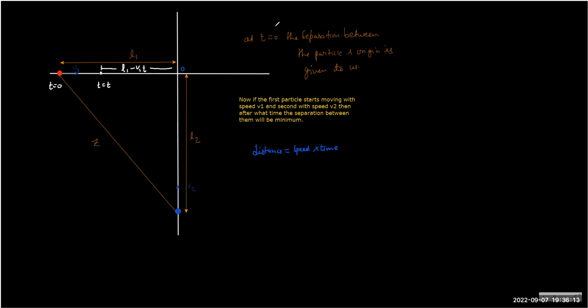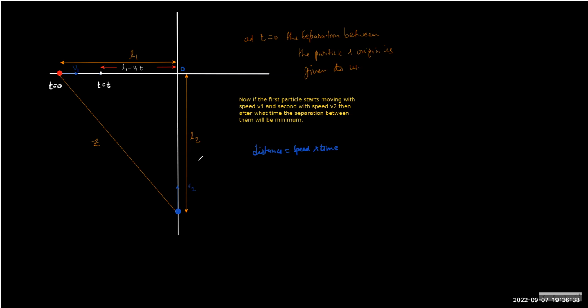Yes, that is what we are trying to write. So your new distance from the origin will change, and the new answer will be L1 minus v1t. Is this clear?